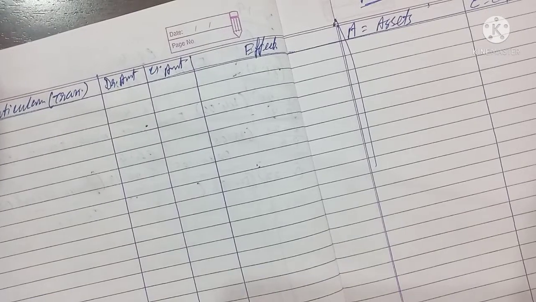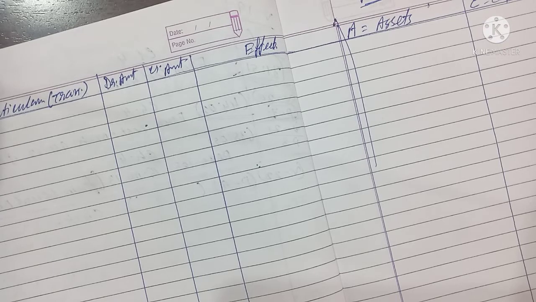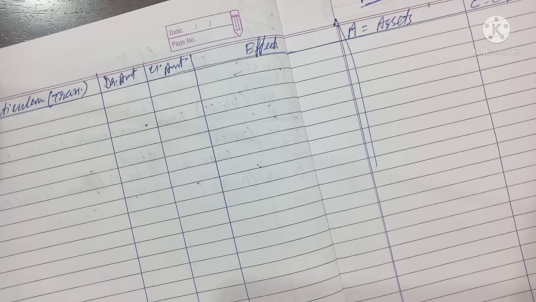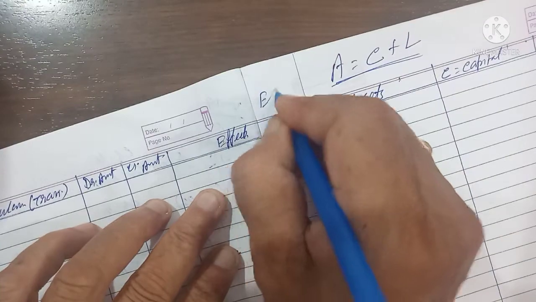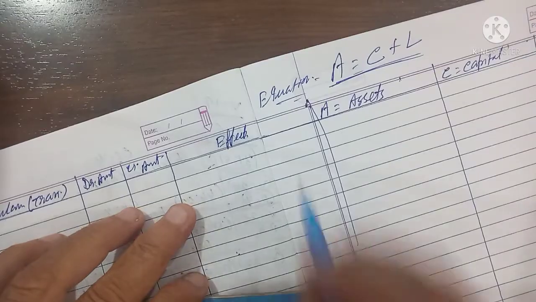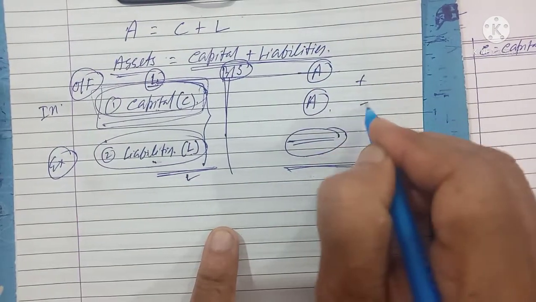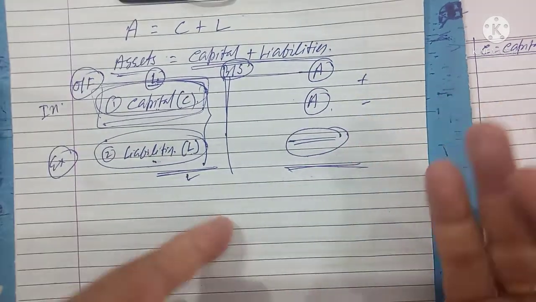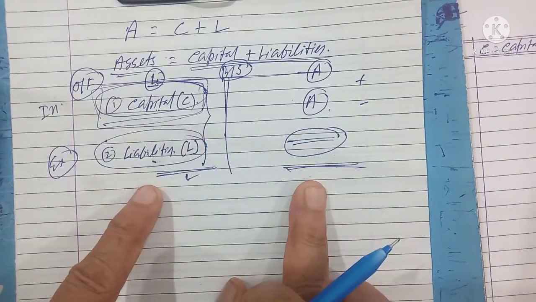Here I want to show you, with my own example, how in different transactions the amount of assets and liabilities are changing, and due to that how this equation is satisfied. Due to any transaction, this side may go plus or minus, one side change will come, or this side plus, then the total will also be the same.